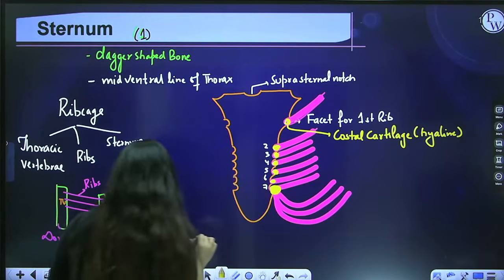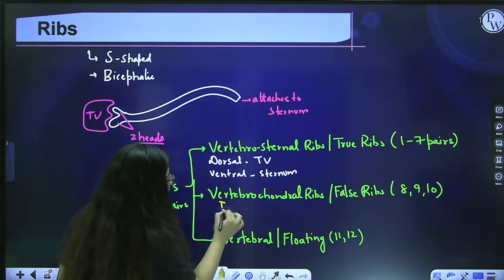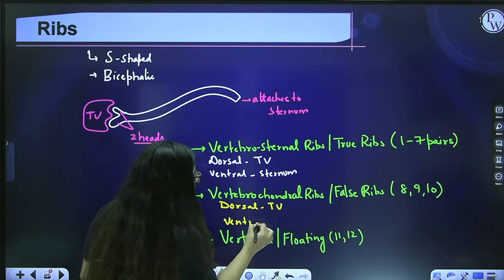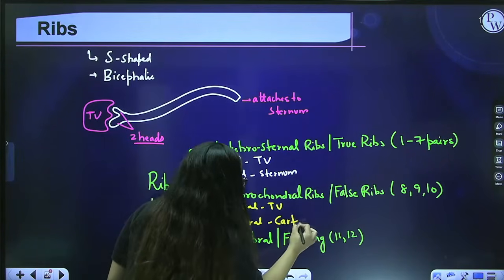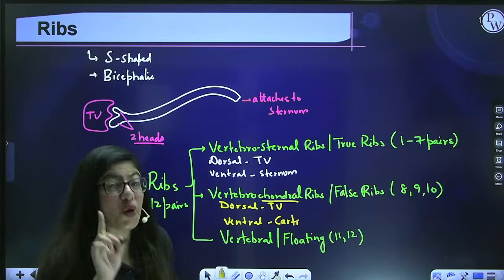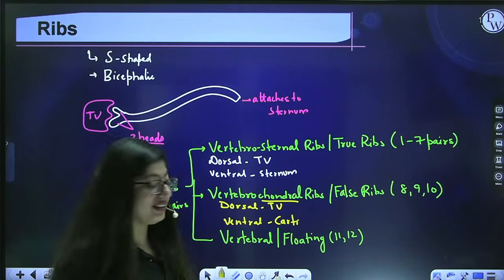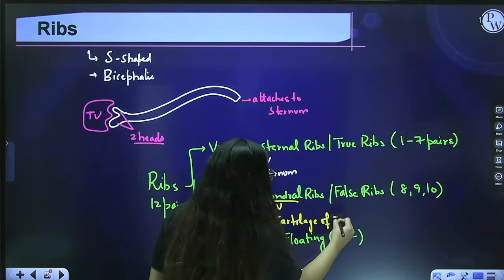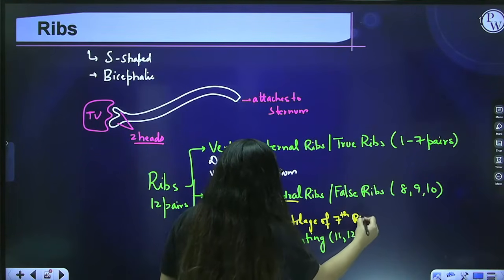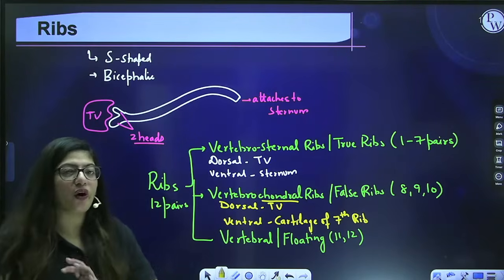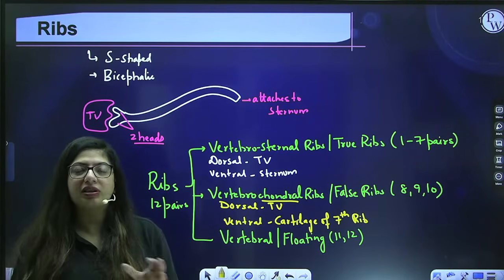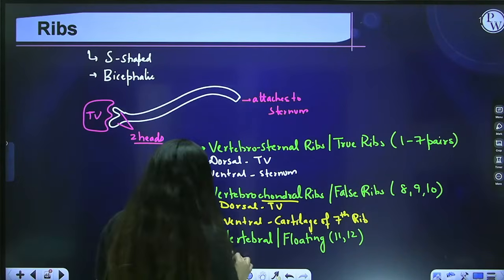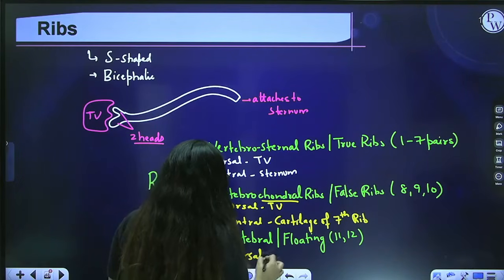False ribs, guys, dorsally attach to thoracic vertebrae, but ventrally attach to cartilage. That's why the word costal is there, because costal is always used for cartilage, right? So they attach to the cartilage of the 7th rib. Okay, what about vertebral ribs? They are not attached to the sternum at all. They are just floating in the air, and they are only attached dorsally to the thoracic vertebrae.